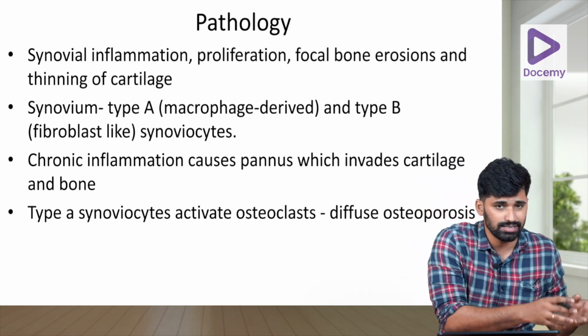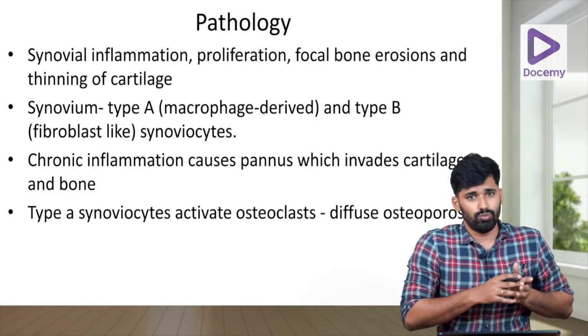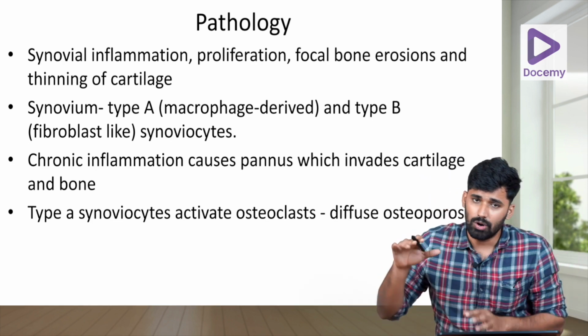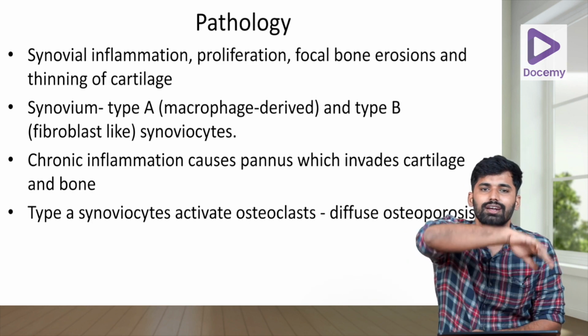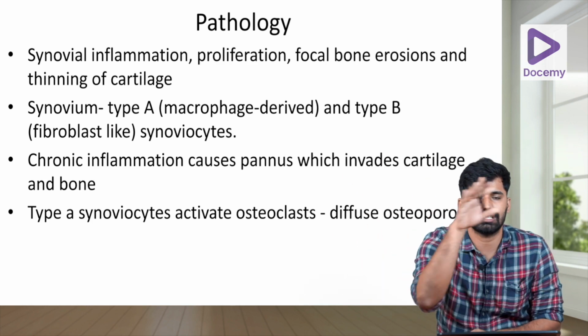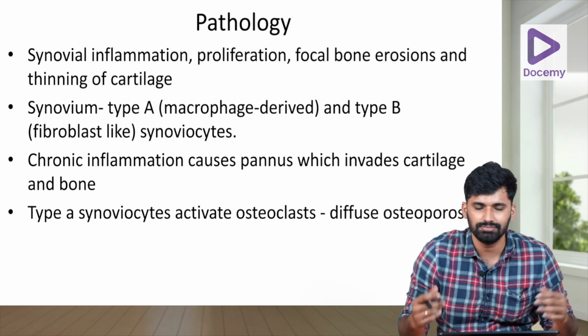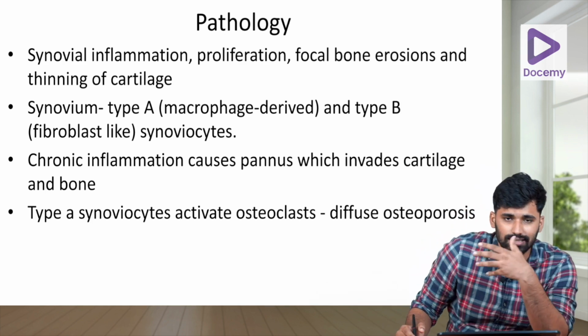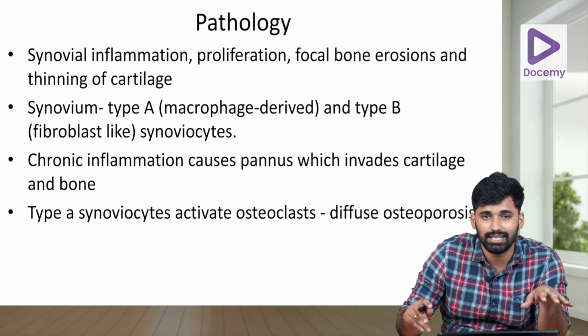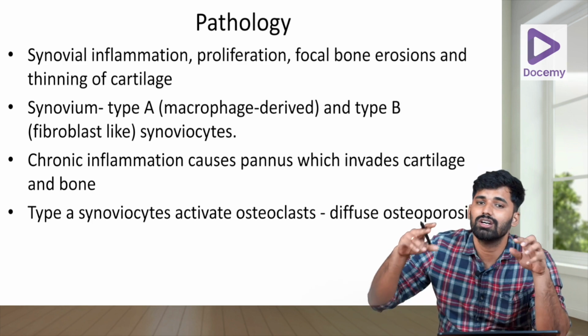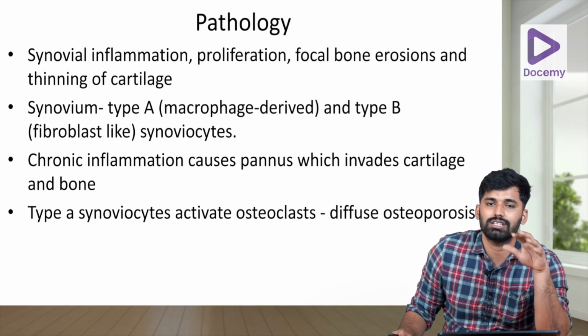Type A synoviocytes, which are macrophage-like synoviocytes, will activate to become osteoclasts, which will again cause diffuse osteoporosis around the joint. This is the mechanism of how rheumatoid arthritis develops symmetrically and progressively, causing deformities and damage to the joints.